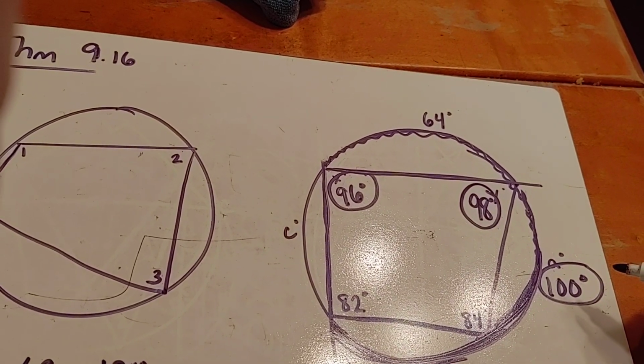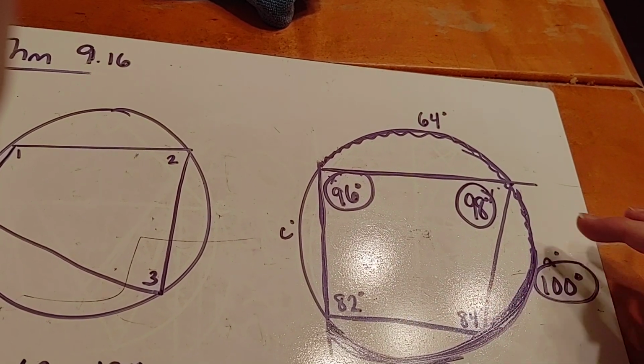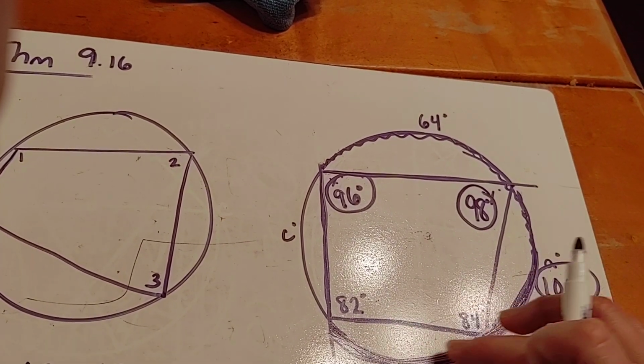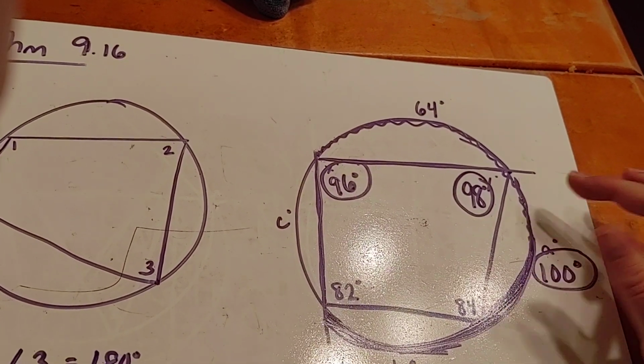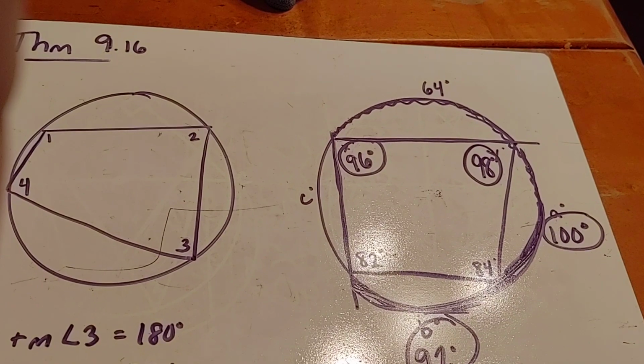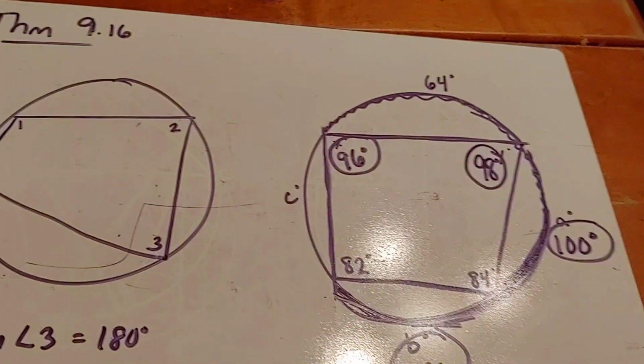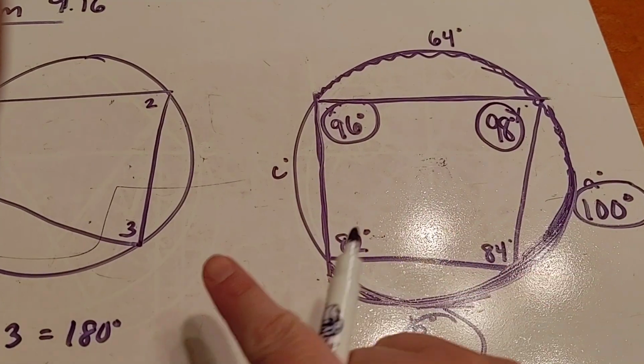Is that 192? Yes, 192. So if that's 192, this whole part is 192. Take away this 100, I'm left with 92 degrees for B. See how we're kind of using this as we go around and use our inscribed angles? All right, I got one more piece of the mystery.